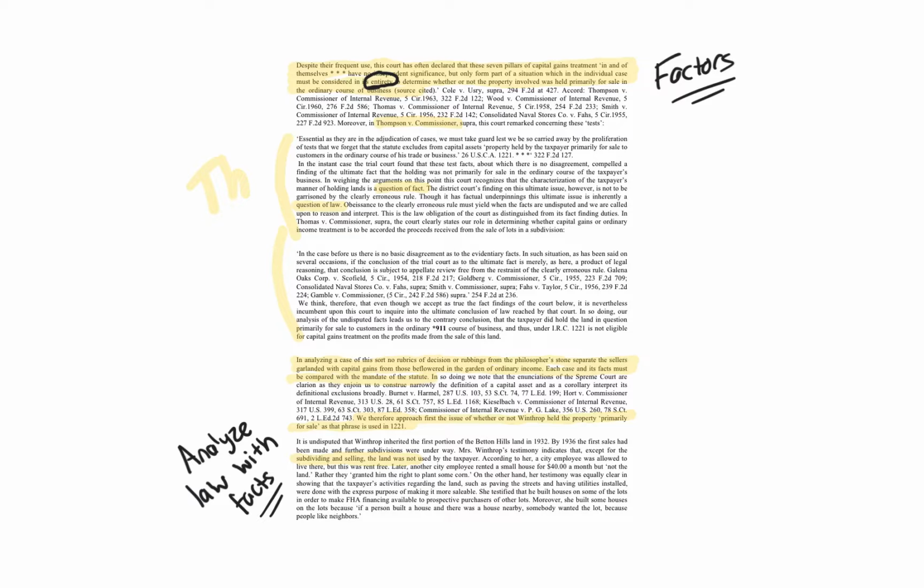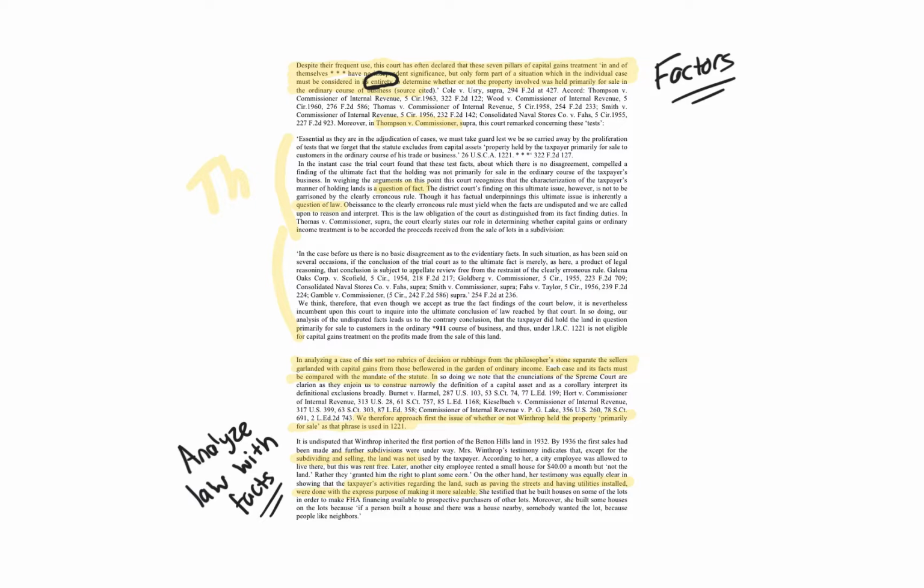According to her, a city employee was allowed to live there, but this was rent-free. Later, another city employee rented a small house for $40 a month, but not the land. Rather, they granted him the right to plant some corn. On the other hand, her testimony was equally clear in showing the taxpayer's activities, so they tend to focus on the activities regarding the land, such as paving the streets and having utilities installed, were done with the express purpose of making it more saleable.